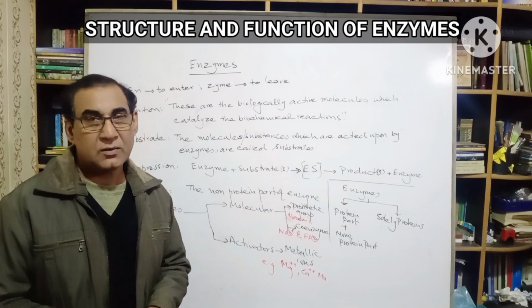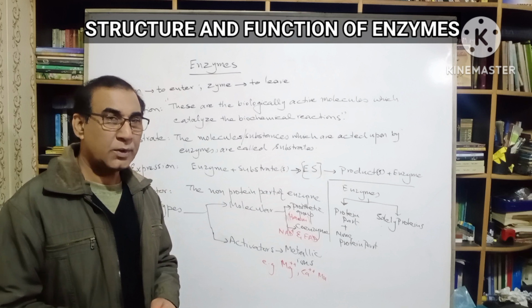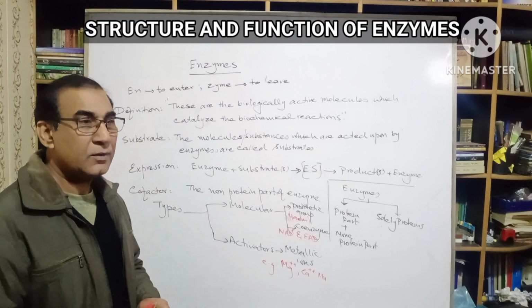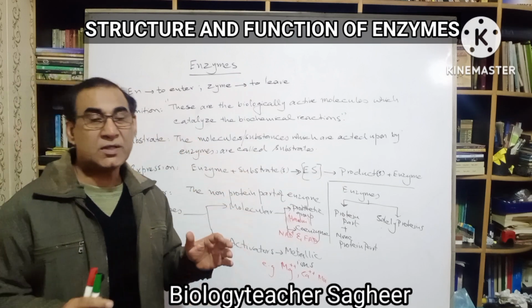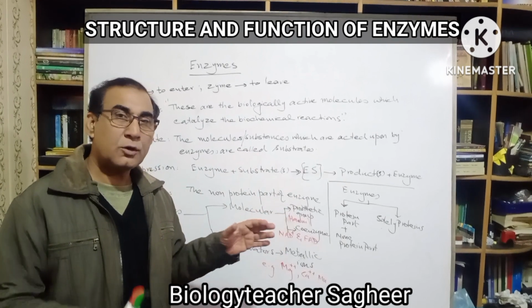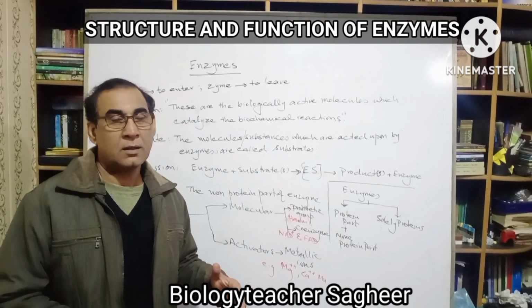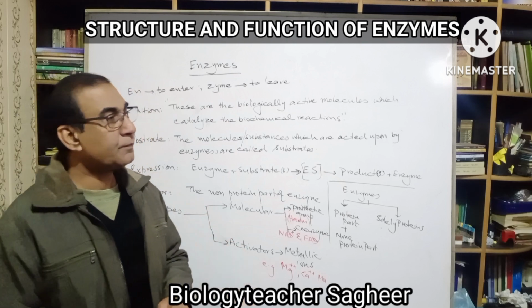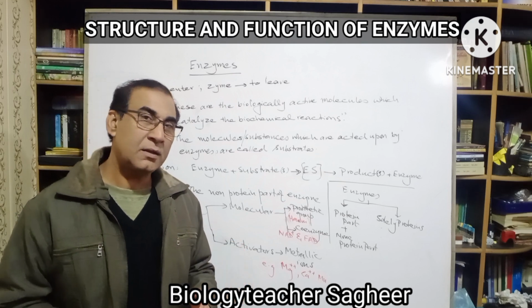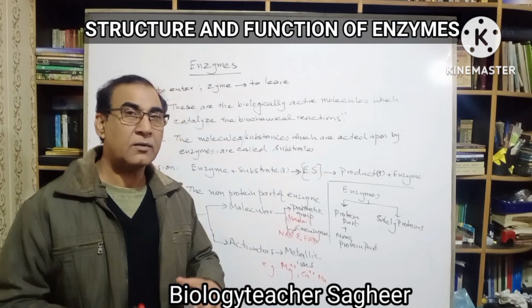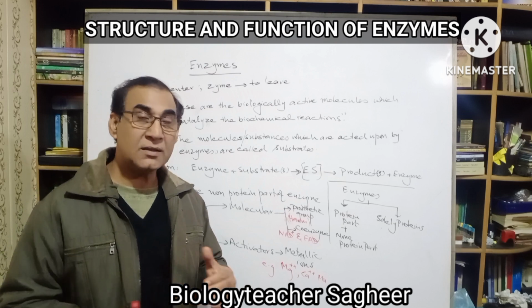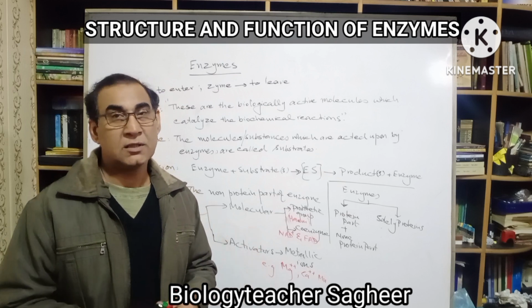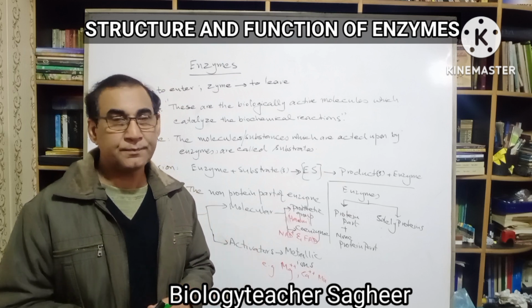The biochemical reactions are those reactions which occur in biological systems, while the chemical reactions are those which occur in non-biological systems. For example, if you increase the substrate, the speed of a chemical reaction would increase.